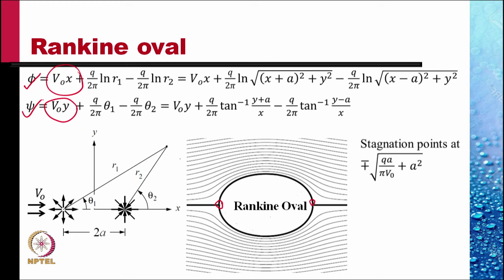This is obtained by differentiating phi with respect to x and with respect to y to obtain the expressions for the velocities u and v and equating those two velocities to 0. We will obtain y equal to 0 for both the stagnation points and x given by this expression.